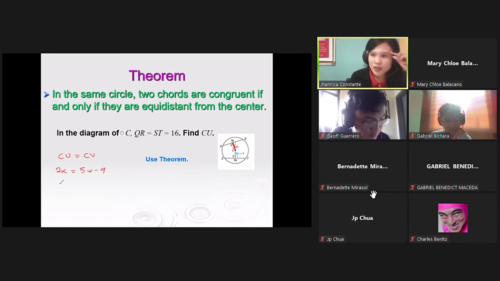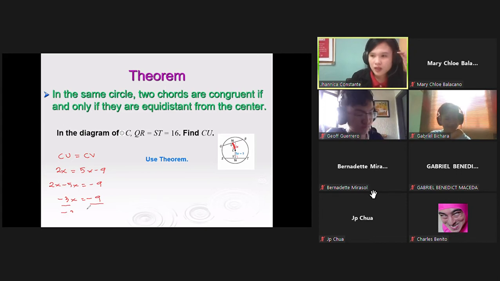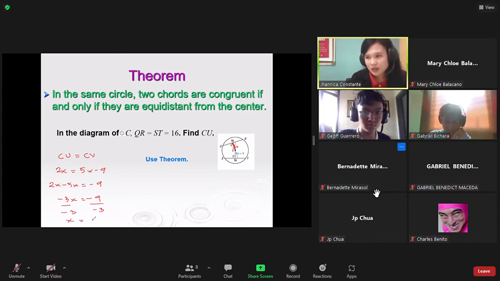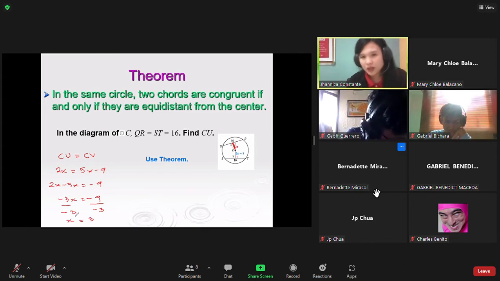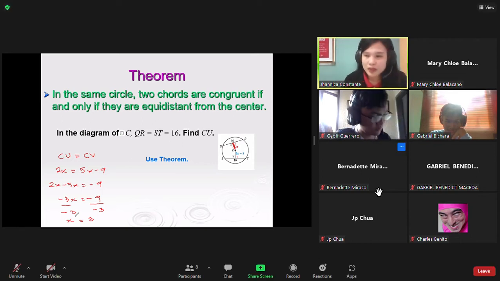So 2x minus 5x is equal to negative 9. So negative 3x equals negative 9. Divide both sides by negative 3. So the value of x is equal to positive 3. That is the value for the variable x that we have in our measurement.